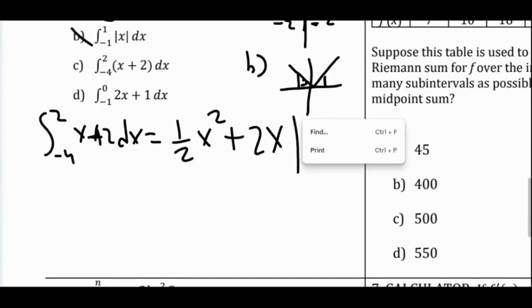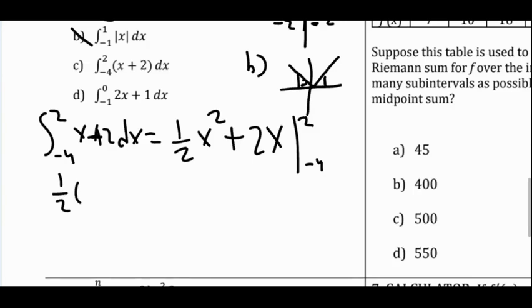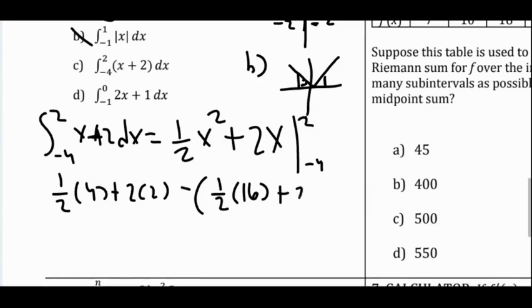If I do that from 2 to negative 4, I would get 1 over 2 times 2 squared, which is 4, plus 2 times 2, minus, I'm just going to group it so I don't forget, 1 over 2 times negative 4 squared, which is still positive 16, plus 2 times negative 4.